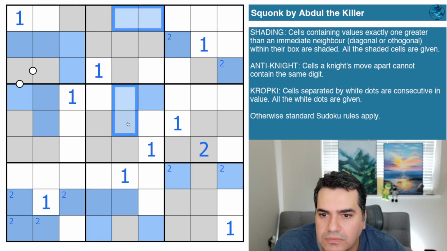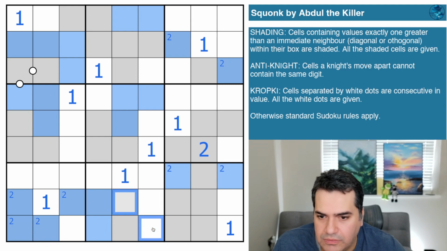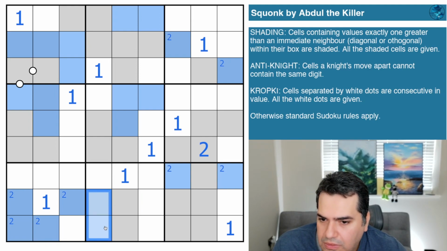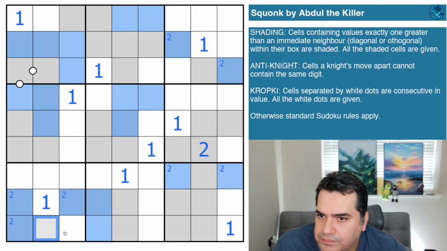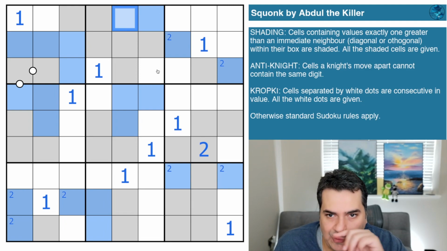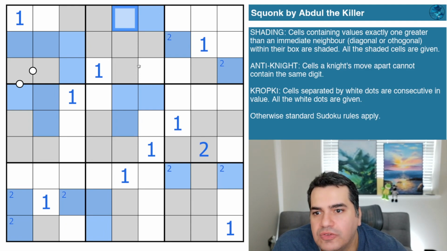Yeah, I'm a little bit blind. These can go. This can go. I mean, this one feels quite unlikely. Feels like it sees a lot of cells.